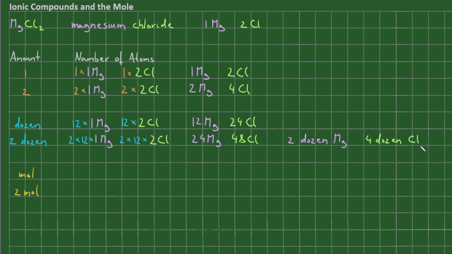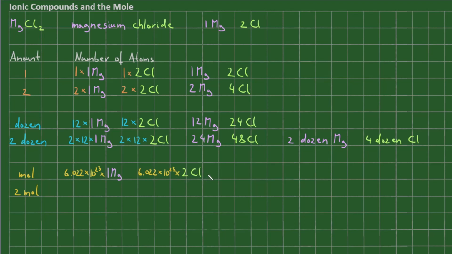We can use a similar approach when it comes to the mole. The mole stands for 6.022 times 10 to the 23rd. This means that when I say that I have a mole of magnesium chloride units, I will have a mole multiplied by 1 magnesium and a mole multiplied by 2 chlorines.